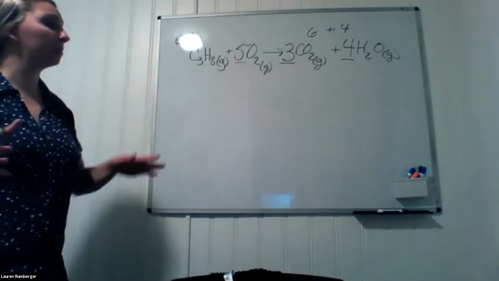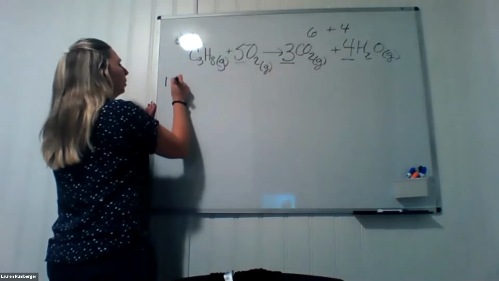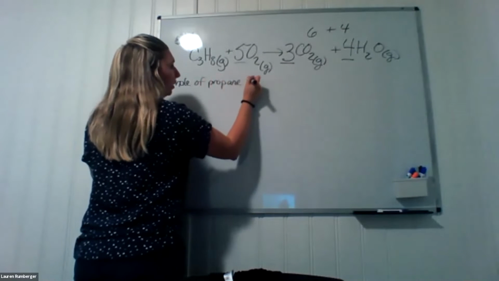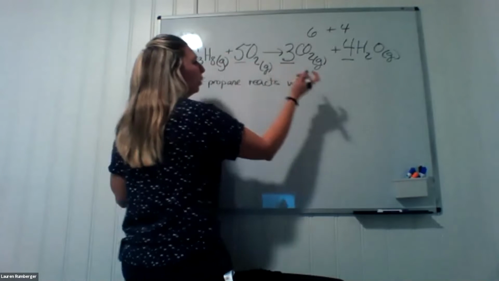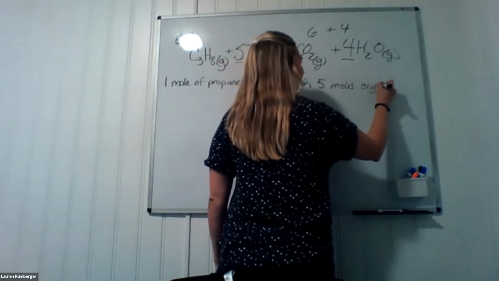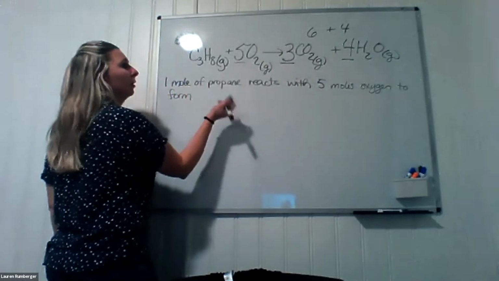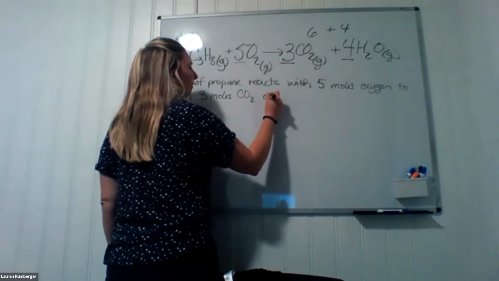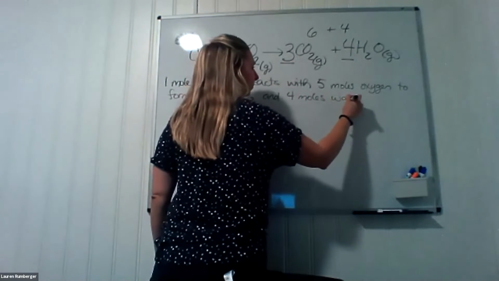So now that it's balanced, what this is communicating is that 1 mole of propane reacts with 5 moles of oxygen to form 3 moles of carbon dioxide and 4 moles of water.